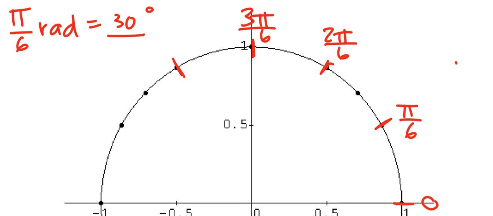Go another 30 degrees, another pi over 6 units. 4 pi over 6. 5 pi over 6. 6 pi over 6.